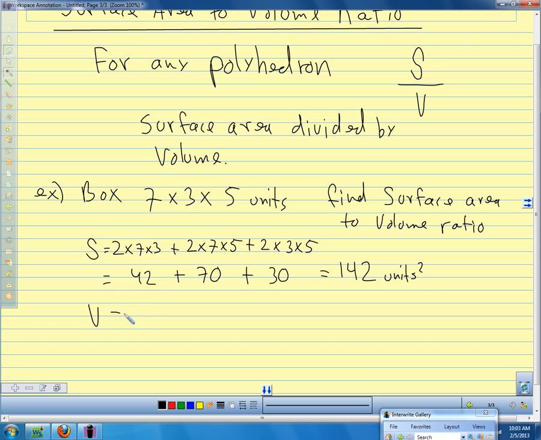And my volume is just 7 times 3 times 5, which is 105.